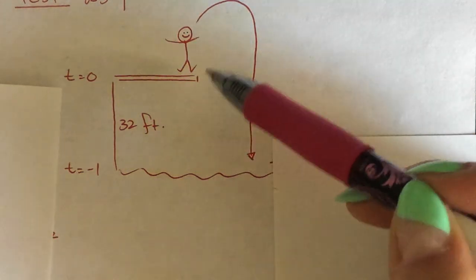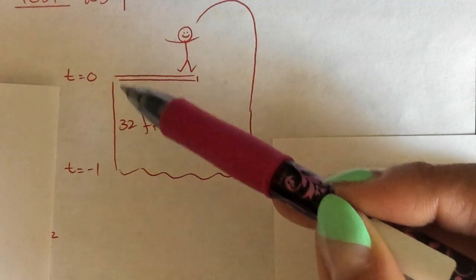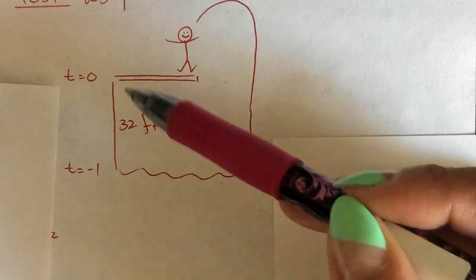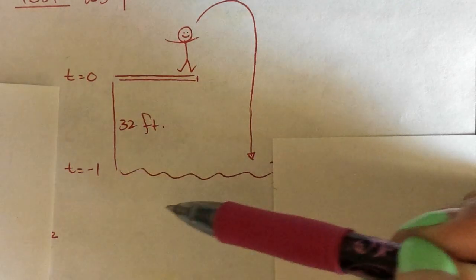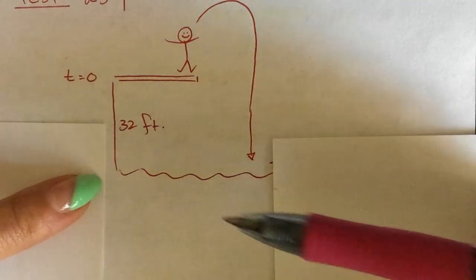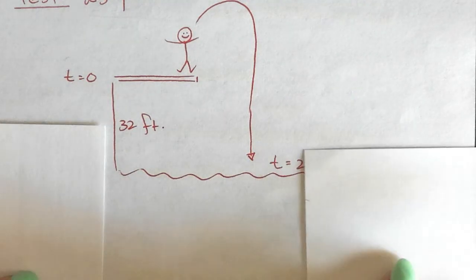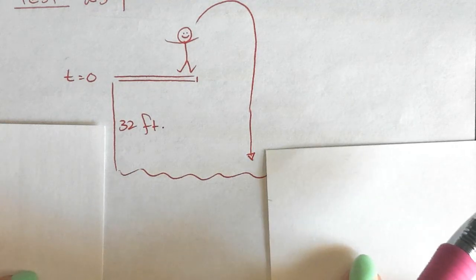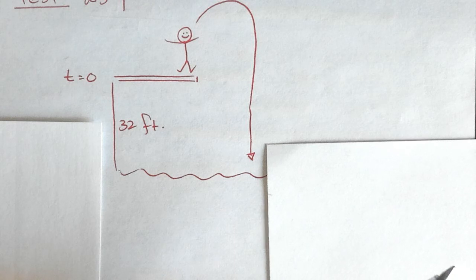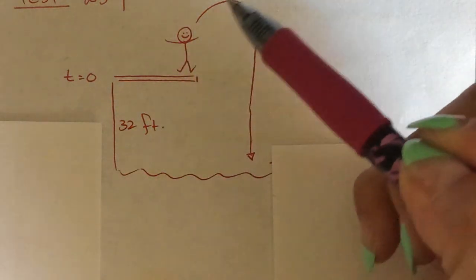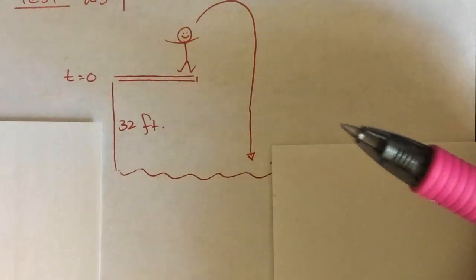And then this is time equals 0. He's 32 feet, or she's 32 feet above the water. I see time equals -1, but I'm going to cover that for now, so you don't know that yet. This is time equals, we don't know. Okay, so it takes a certain amount of time to get down here. This is all we know for now.